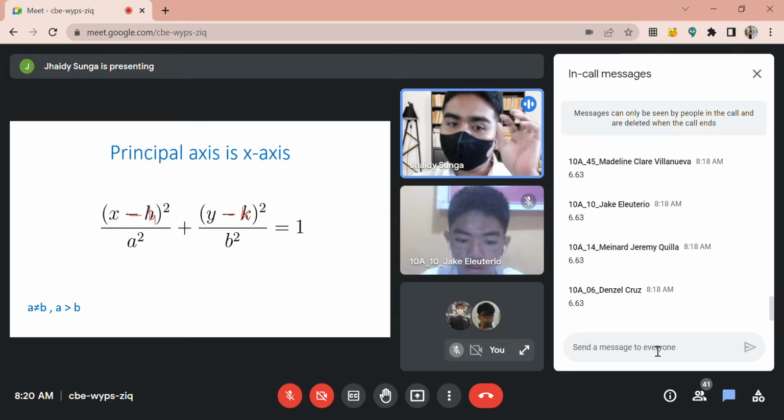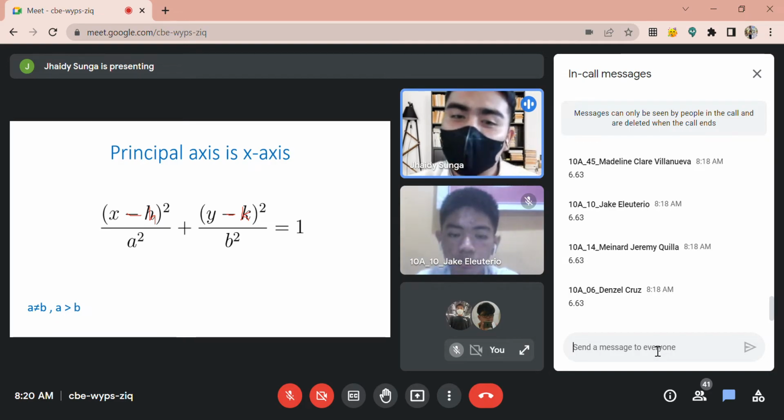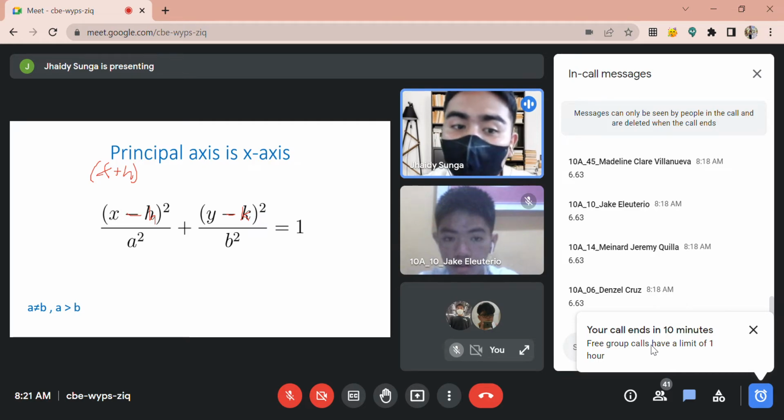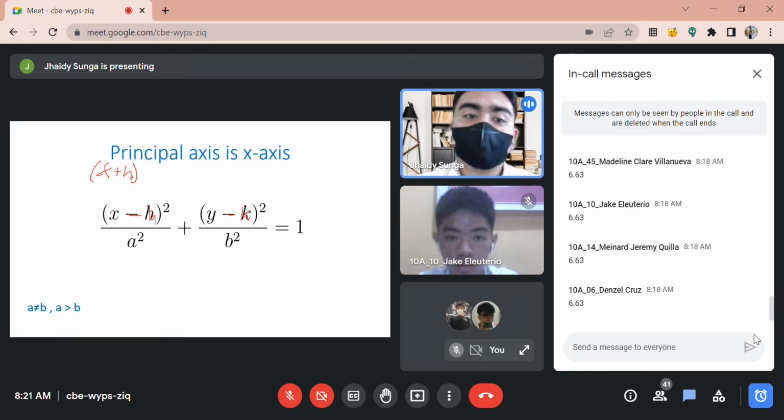When you have x plus h, the value of your h is negative, because when you have x minus negative h, negative to negative becomes positive. So this is just the same.